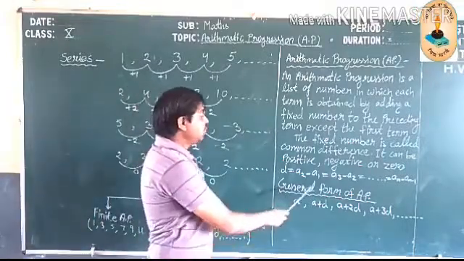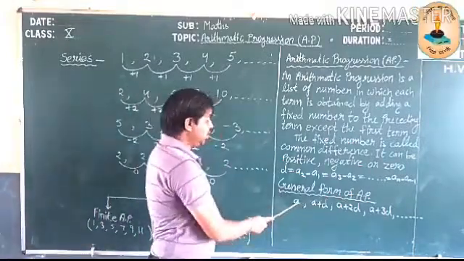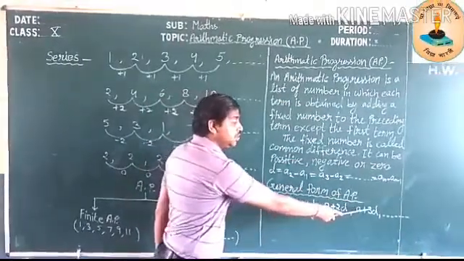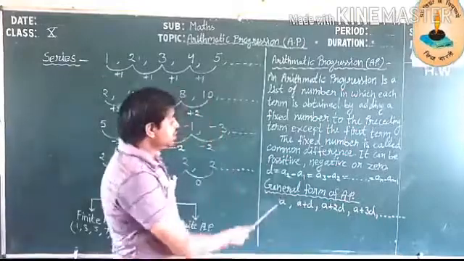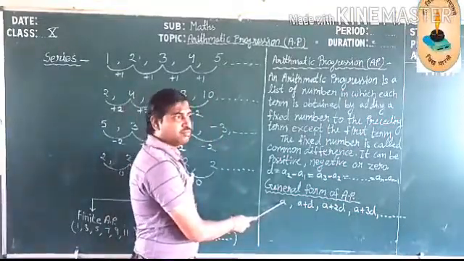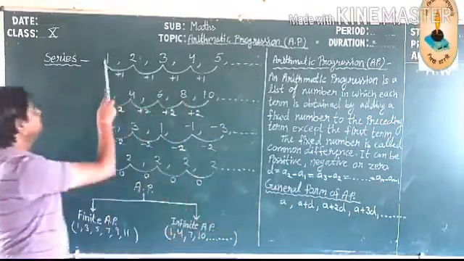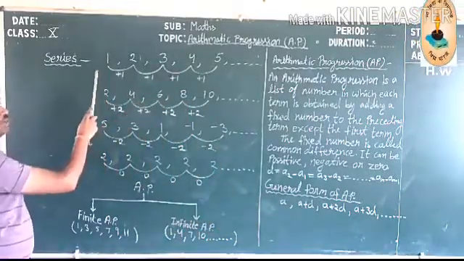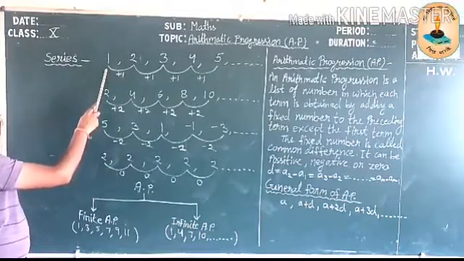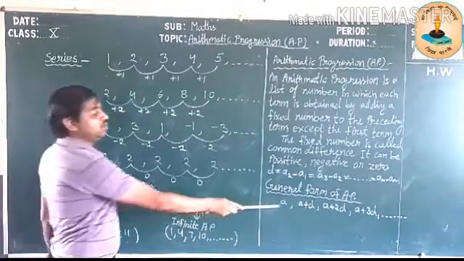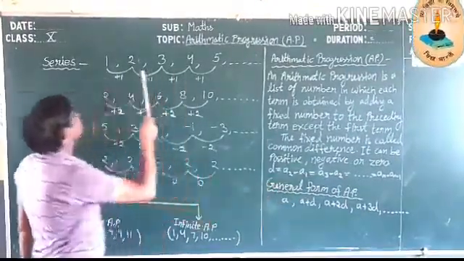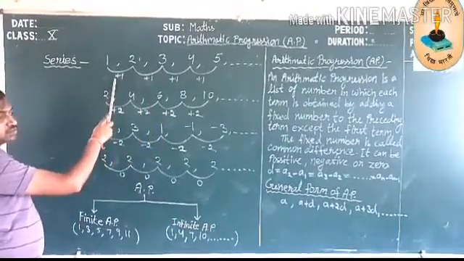So our general form of the AP is a, a plus d, a plus 2d, a plus 3d and so on. जहाँ पे a क्या है? a is first term. जैसे कि हमारे पास ये सीरीज है, यहाँ पे फर्स्ट टर्म क्या है? 1. तो a क्या हुआ? 1. और d is common difference we described above, which is +1.